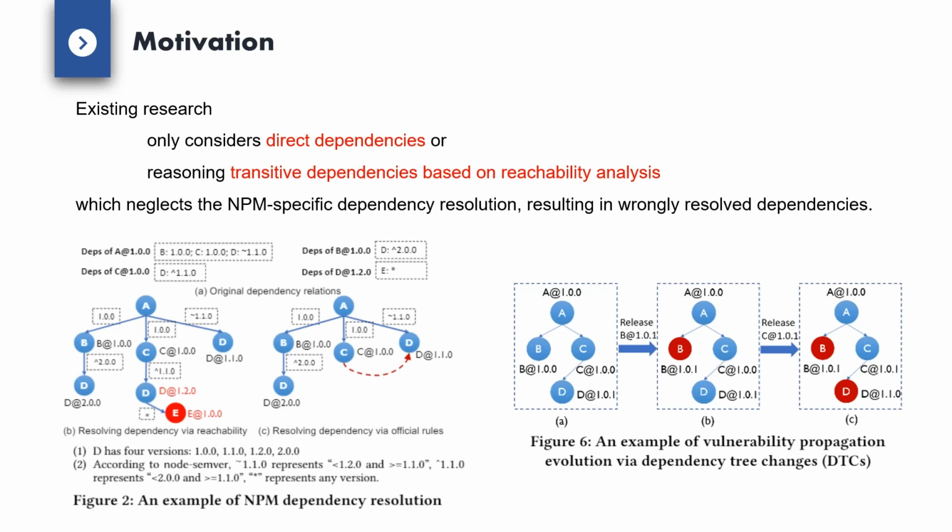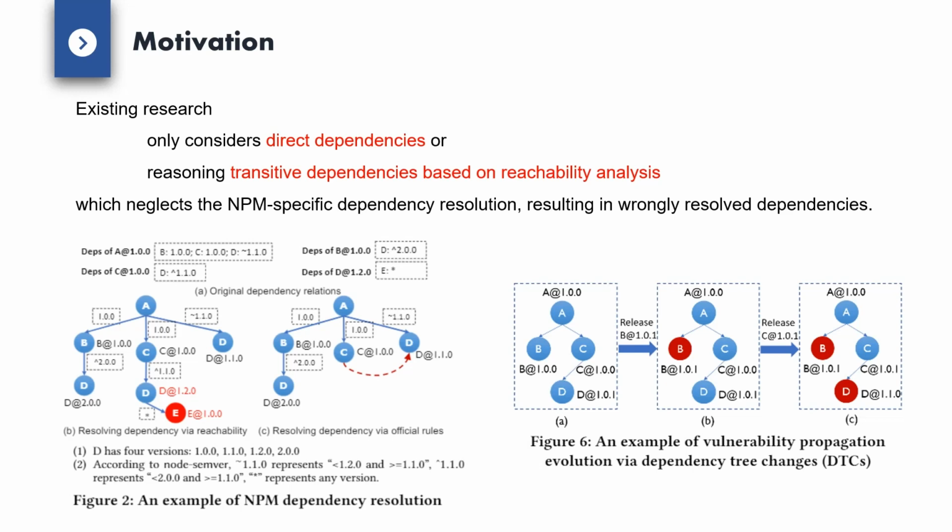However, they either only consider the vulnerability impact propagation via direct dependencies, or simply trace transitive dependencies by simple reachability analysis, which neglects the NPM-specific dependency resolution rules and could result in wrongly resolved dependency trees.